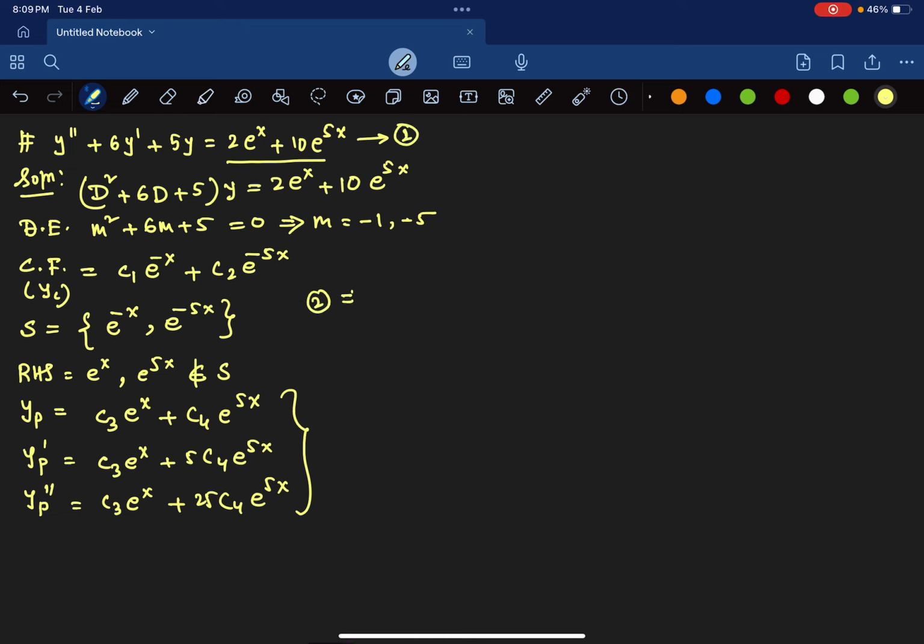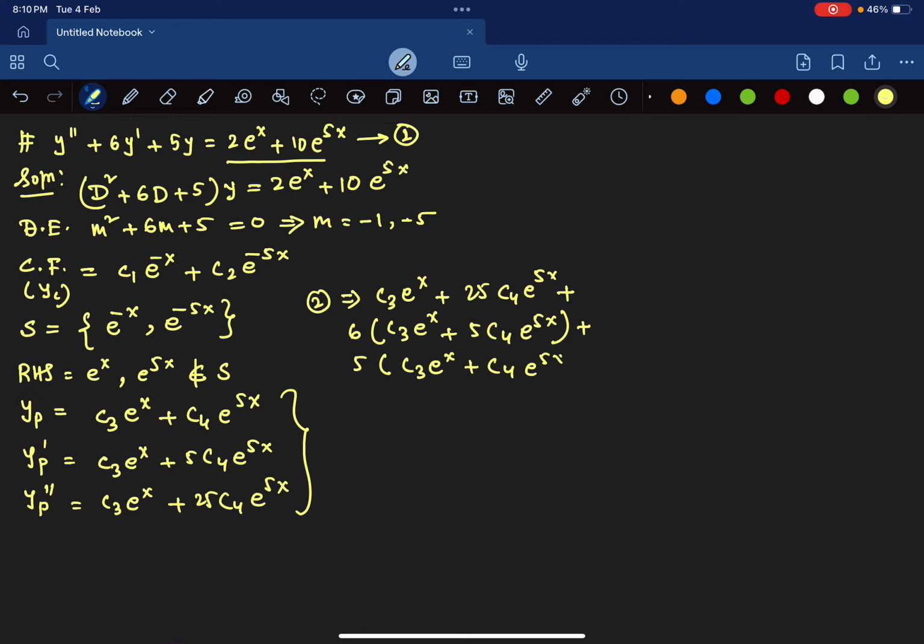So equation 2 will give you c3 e^x + 25c4 e^(5x), plus 6 times y', meaning c3 e^x + 5c4 e^(5x), plus 5 times this one, c3 e^x + c4 e^(5x), is equal to 2e^x + 10e^(5x).